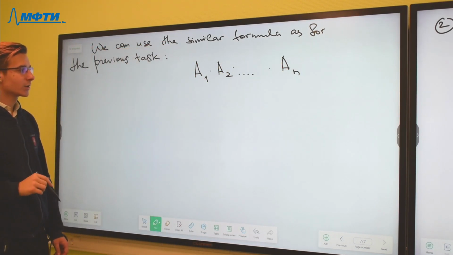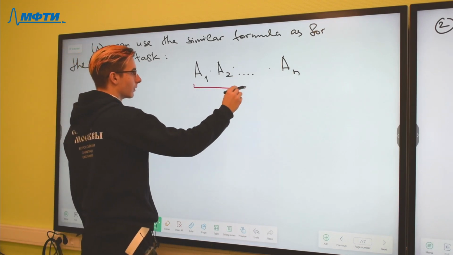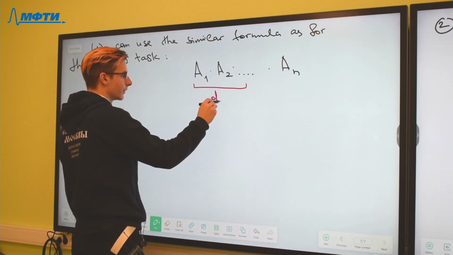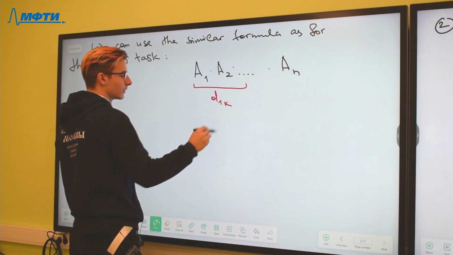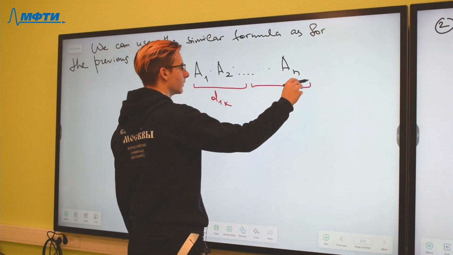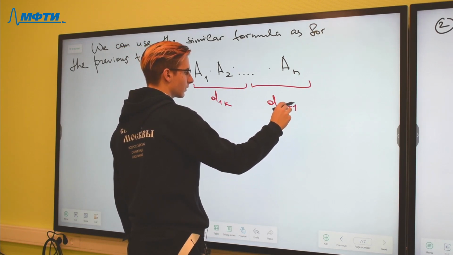It is the multiplication between the answer for these multiplications, and the answer for this multiplication.